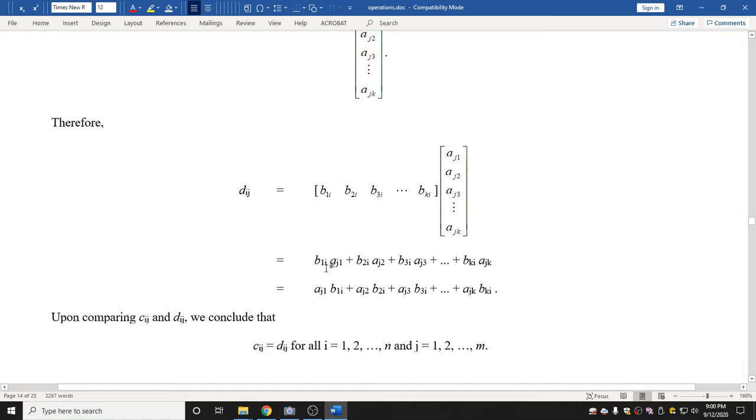Now, these are all scalars, real numbers, so we know that multiplication of real numbers is commutative.